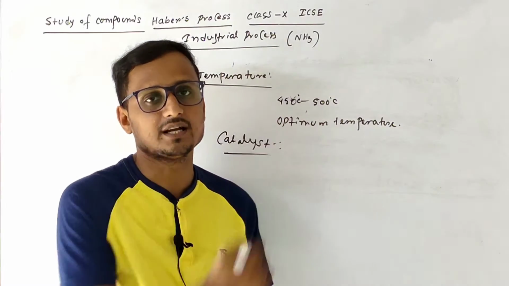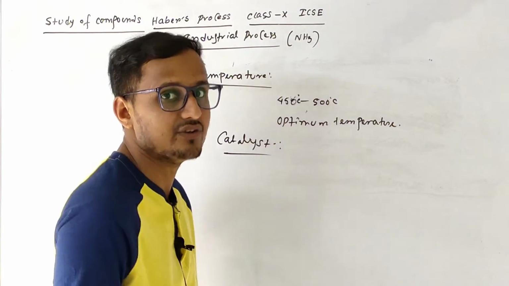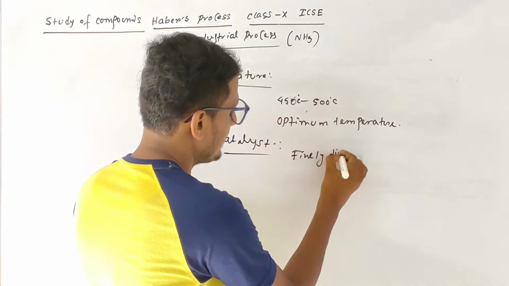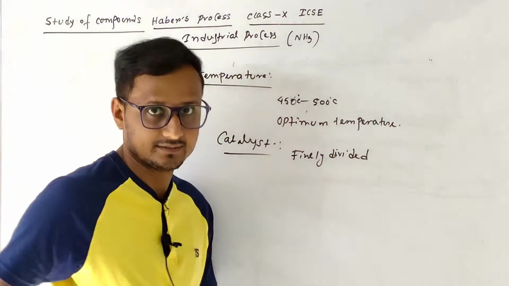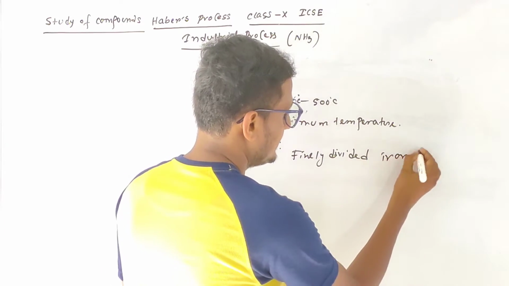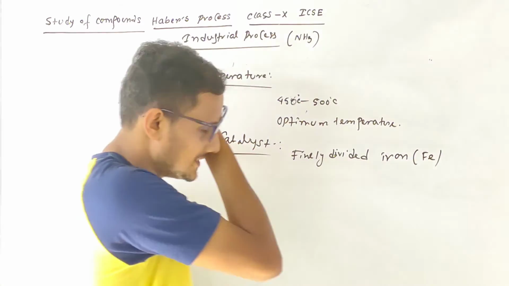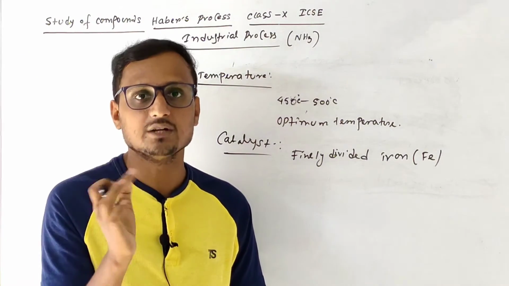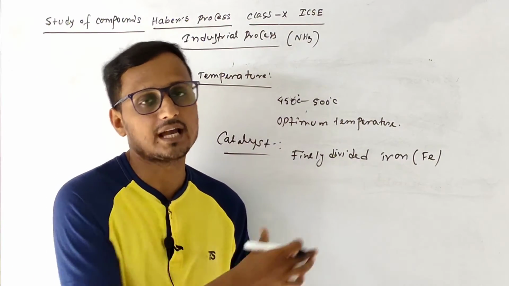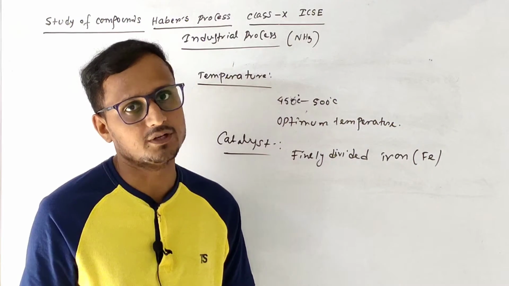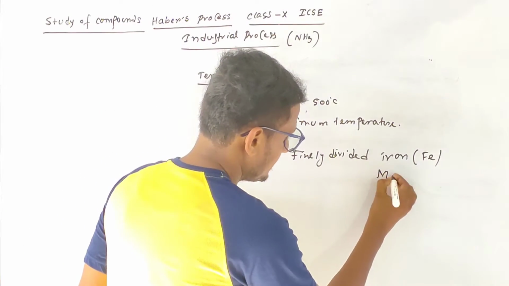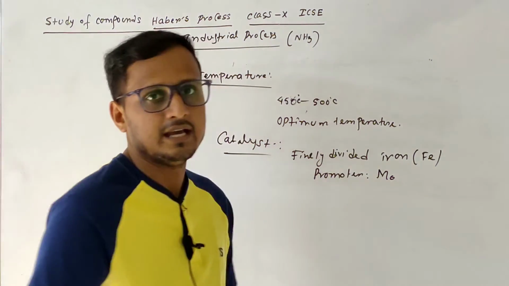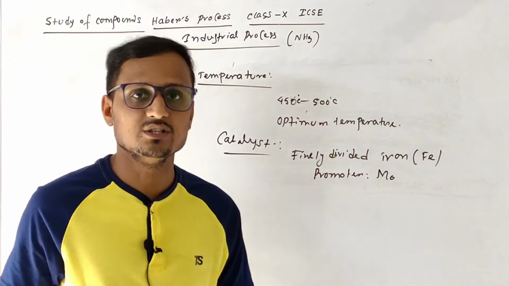Here we also have to use a catalyst, that is finely divided iron, Fe. Also with that we have to use a promoter that will increase the rate of work of the catalyst, which is molybdenum.